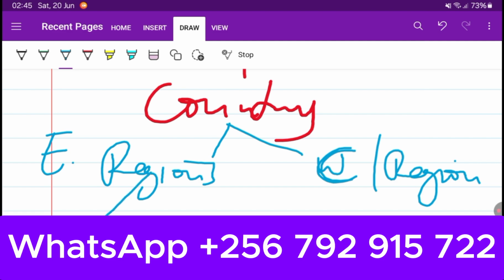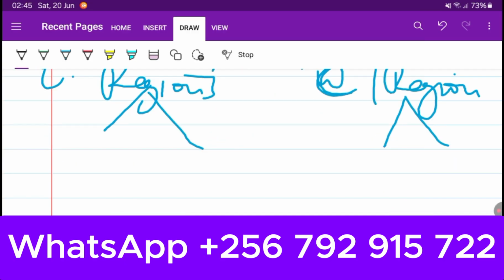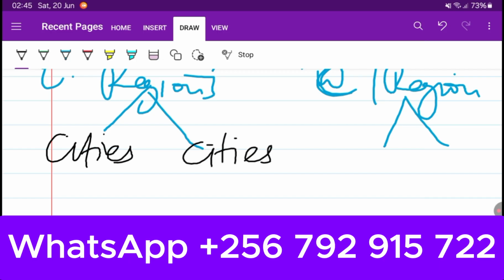Then within these regions, you come and pick out cities in those.